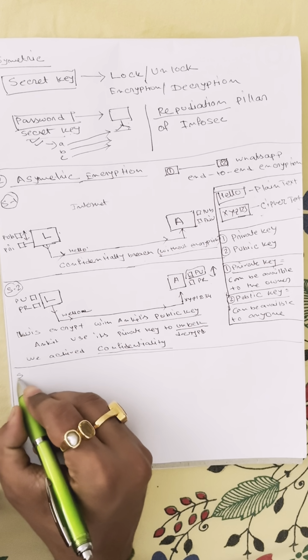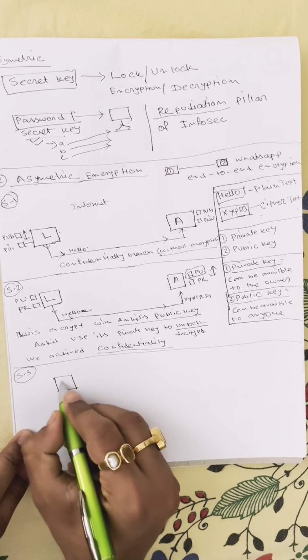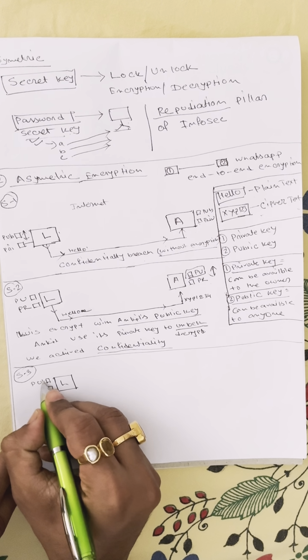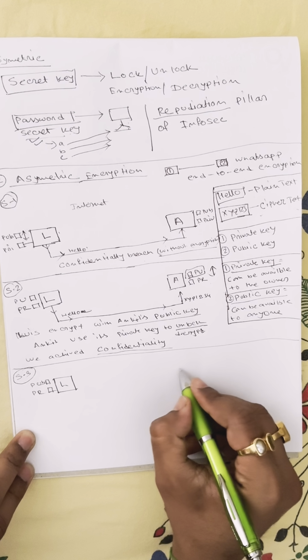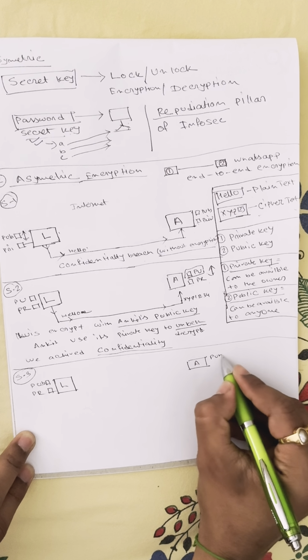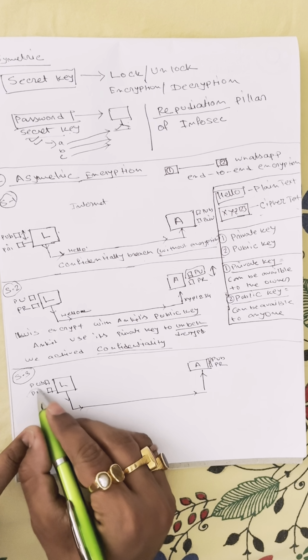So scenario 3, we will get the repudiation now. Same scenario: Louis, two keys, public, private; Ankit, public, private. Okay. Now this time it will be a little bit different because Louis is sending the message to Ankit using its own private key. Yes, its own.